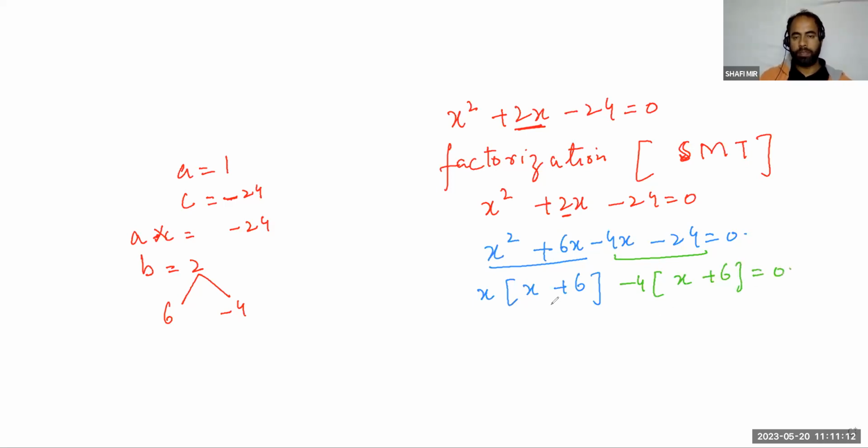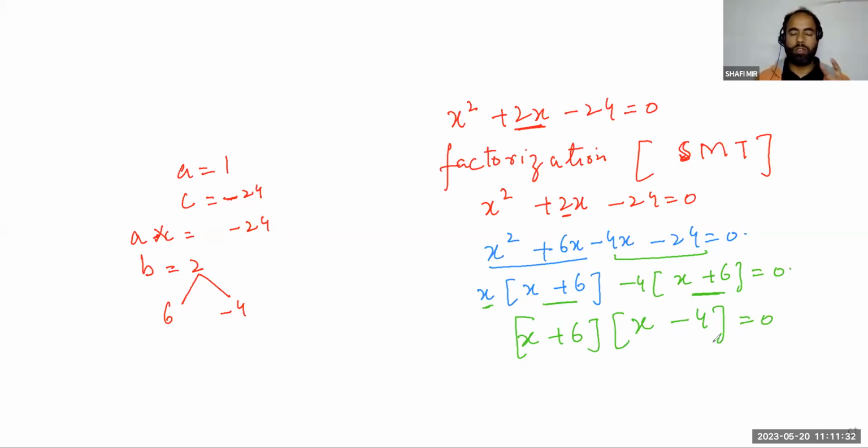Now you can see here it is x plus 6, here it is x plus 6. So take x plus 6 as common. Here we are left with only x, here we are left with only minus 4. So we got x plus 6 into x minus 4 is 0.